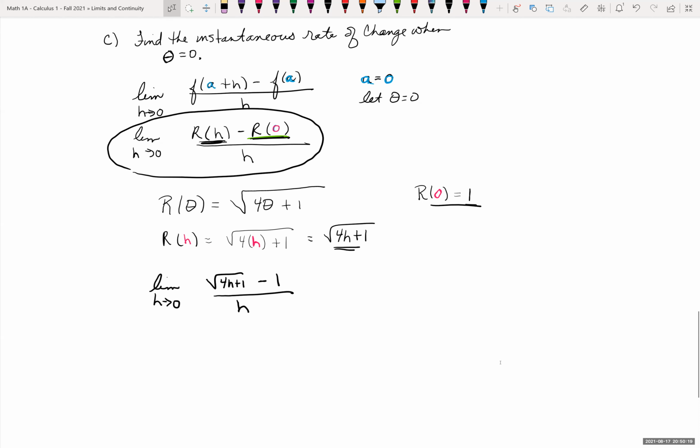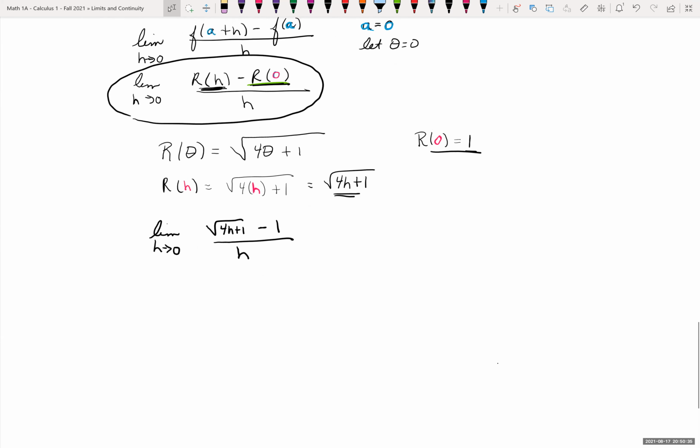But I'm going to teach you how to use some technology that will be helpful, especially for this piece. Let's call our function f of x. Instead of an h in there, I could call it f of h if you want. I'm going to call it the square root of 4x plus 1, minus 1, all over x.